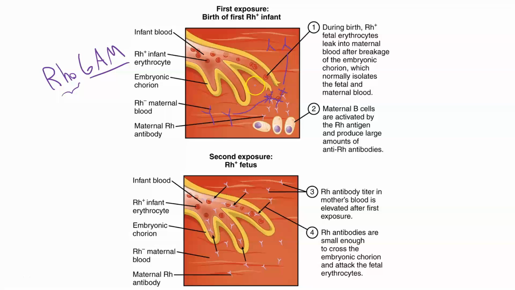But that's a good thing in this case because it prevents this. If we can destroy the fetal red blood cells that enter mom's circulation before mom's lymphocytes detect them and start cranking out antibodies, we can avoid this whole immune response. That's a good thing because naturally occurring immune responses such as this one are long-lasting.